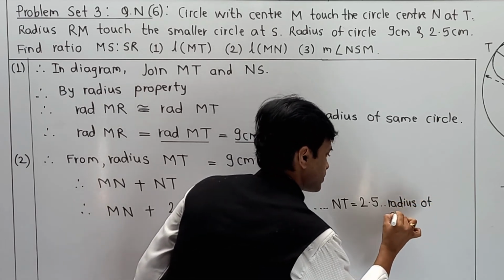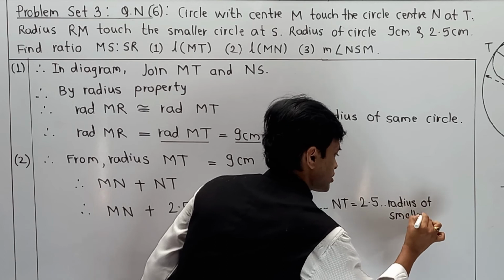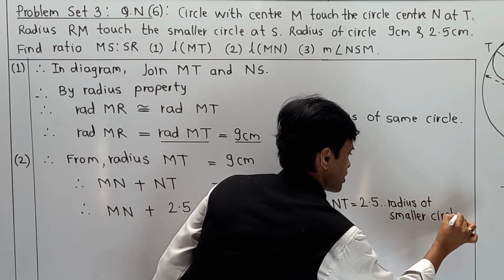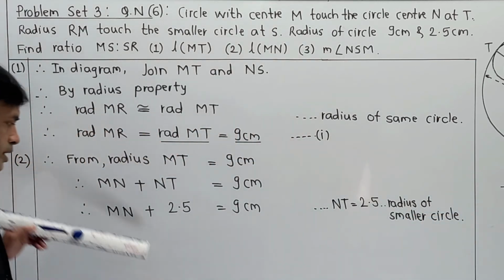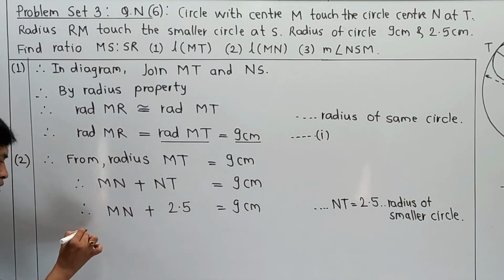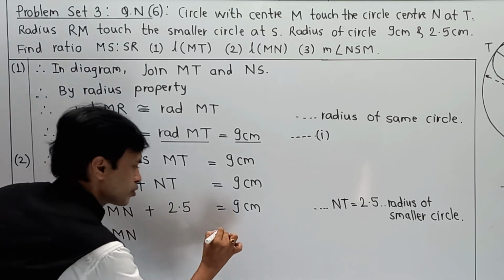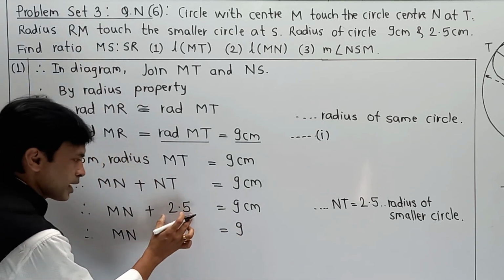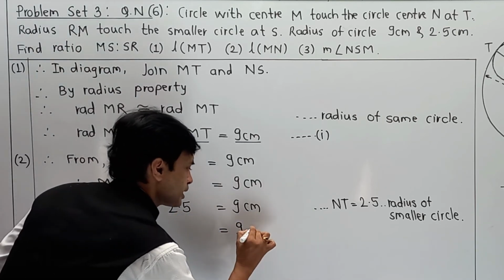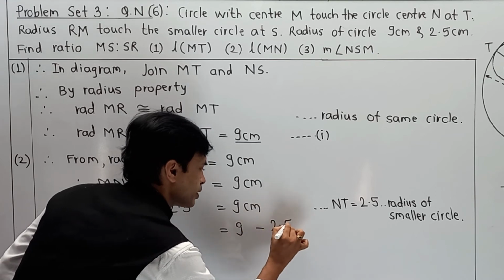Now the part is simplification. So your equation becomes MN is equal to 9 and plus 2.5 shifted to that side, it becomes minus 2.5.